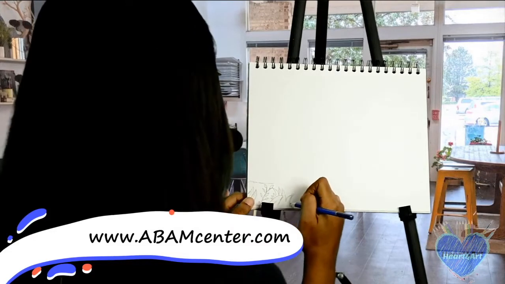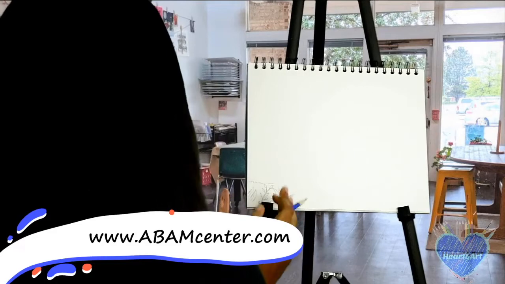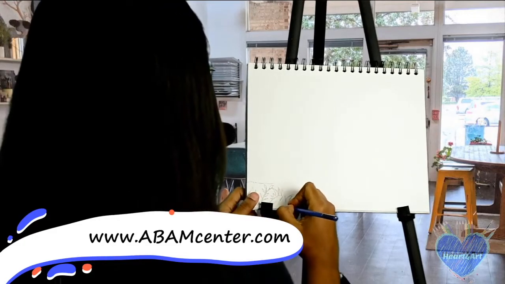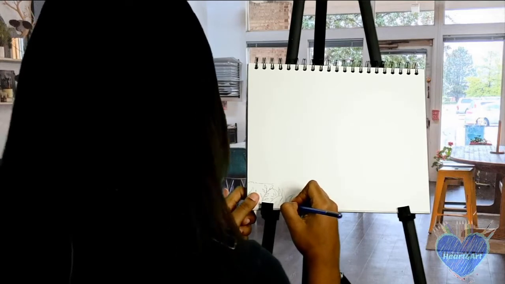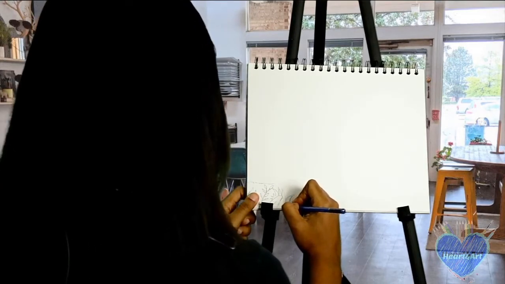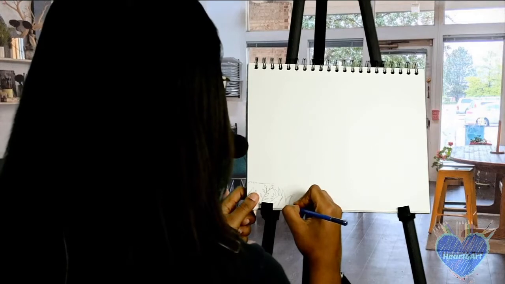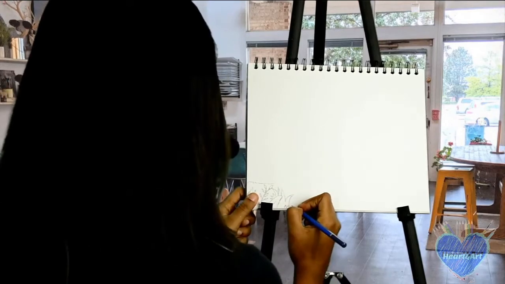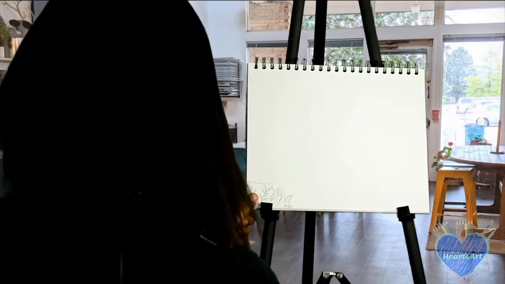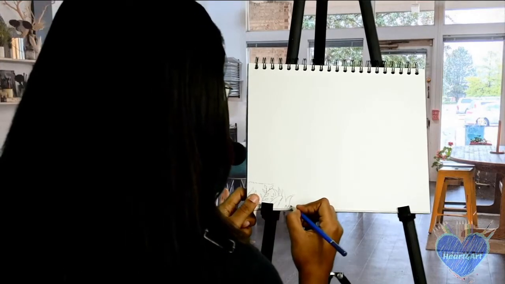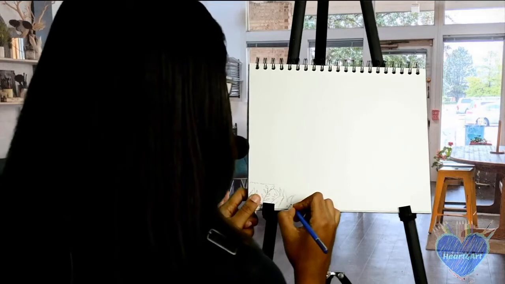And down here on the bottom, you can see there's another slight plant, like a beginning of a bush right here. So I'm going to draw that kind of here at the bottom. Okay, and then we're going to come right here beside it and draw kind of like the shrub or the bush right there.